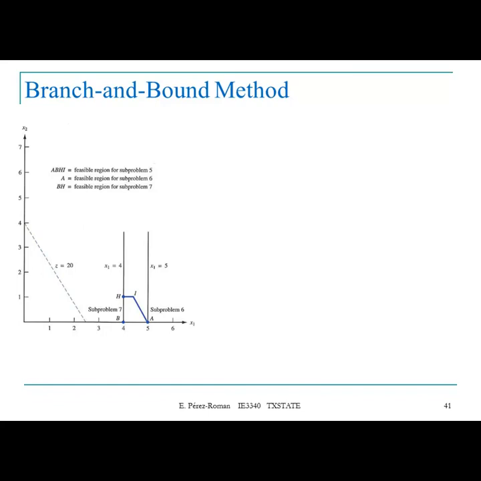And now when you add those constraints, this is what happened. Now your feasible region, you're adding these 2 constraints. One goes this way, one goes this way. So the feasible region for subproblem number 7 is this line.